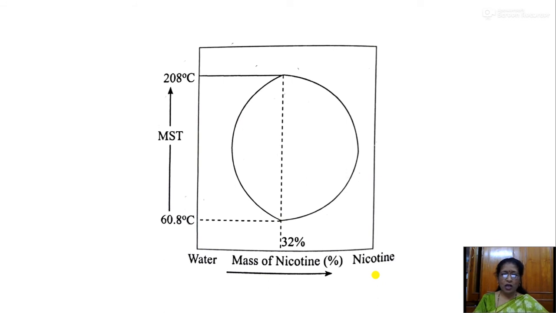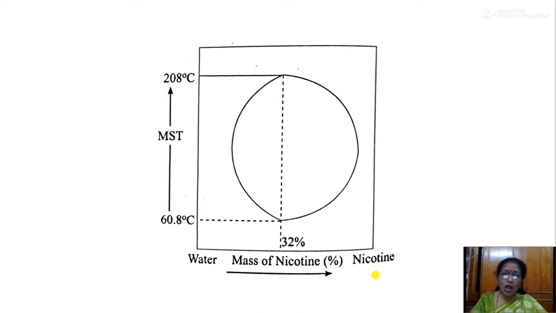See this one, water and nicotine. Water and nicotine are mutually soluble and show the upper CST around 208 degrees centigrade, and also the lower CST around 60.8 degrees centigrade. That is, in between 60.8 and 208, the mixture will be heterogeneous. That is, they will be partially miscible.